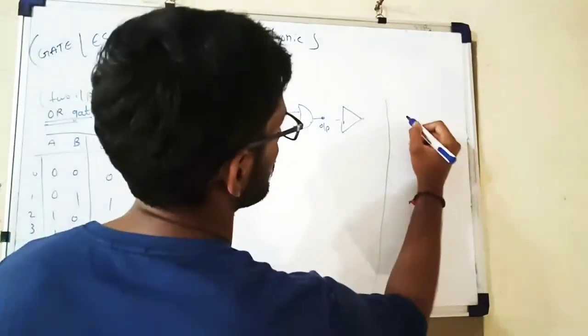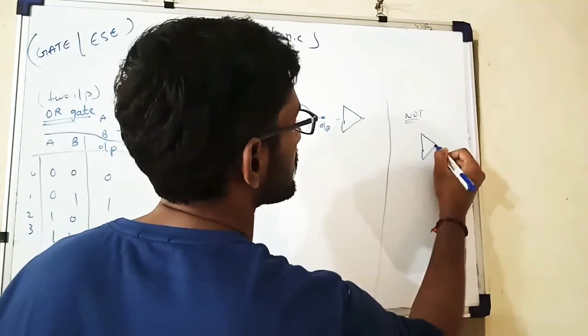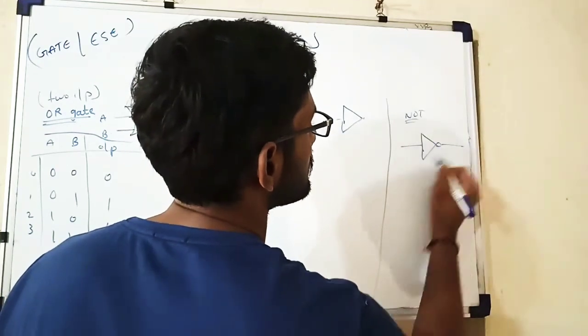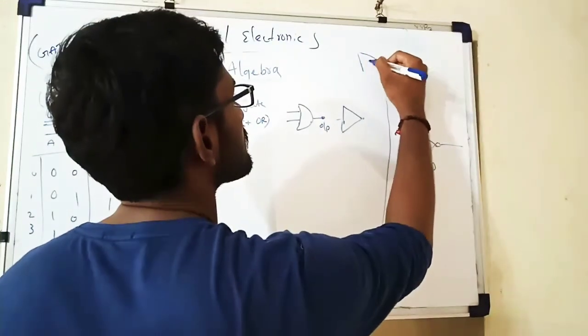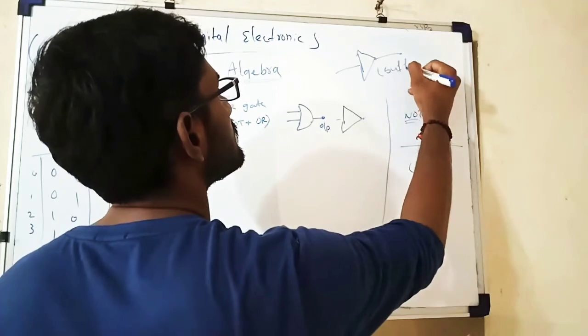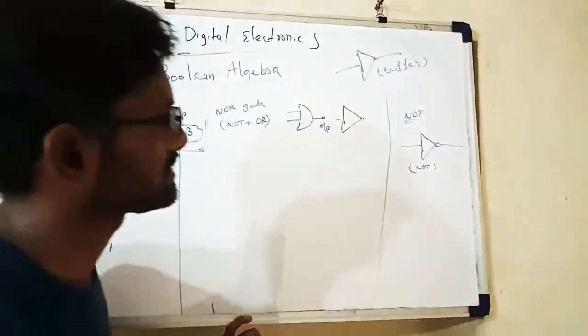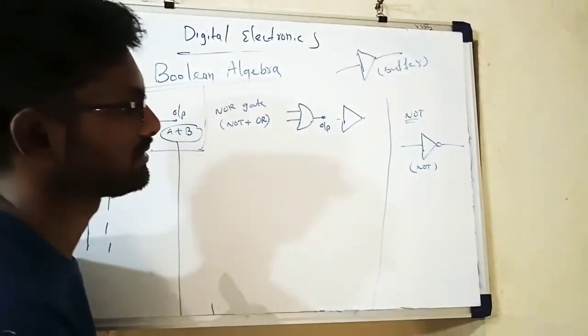First we will see the NOT gate. This is the symbol for the NOT gate. There is also another symbol called buffer. Buffer and NOT gate are different. For the NOT gate there will be a bubble. For the buffer there will be no bubble.